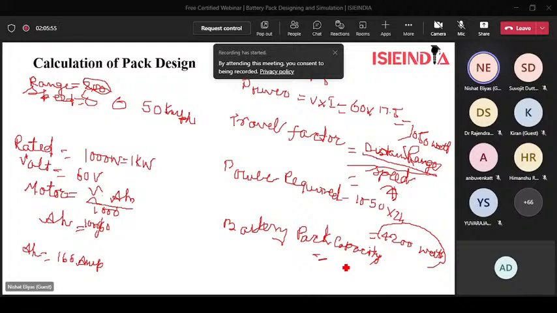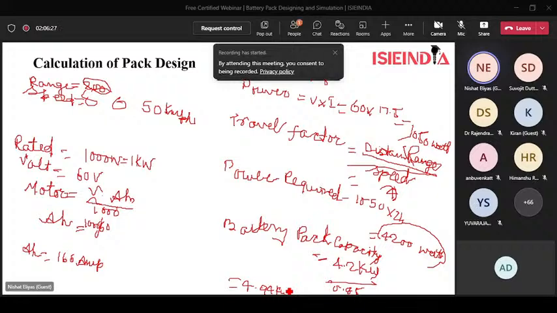When we change it into kilowatt, it will be 4.2 kilowatt, and we will divide it by 0.85, that is 85% of the efficiency. The battery pack capacity requirement is 4.94 kilowatt.